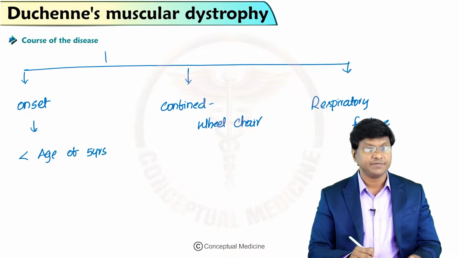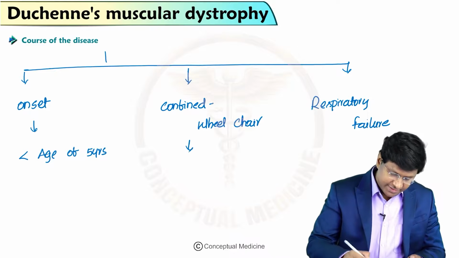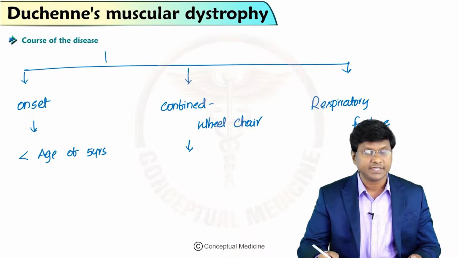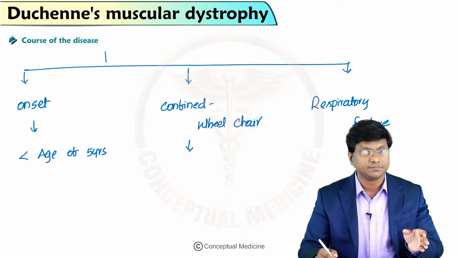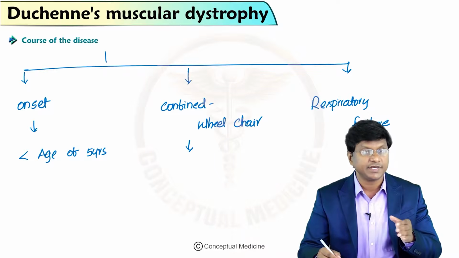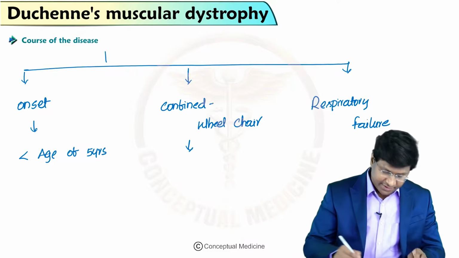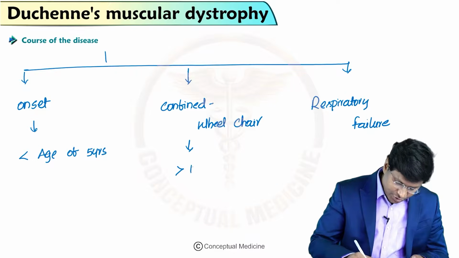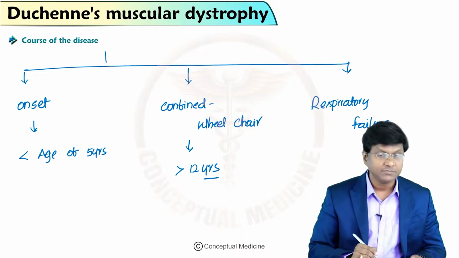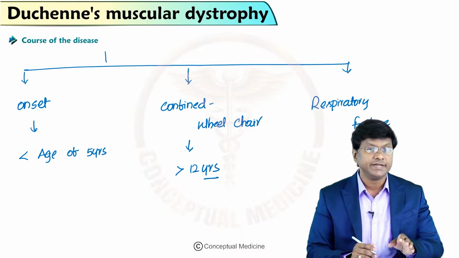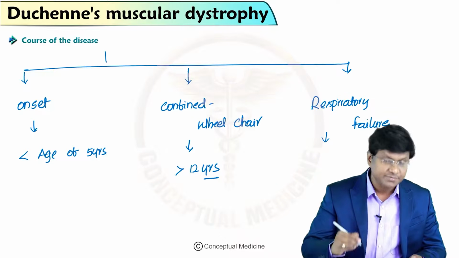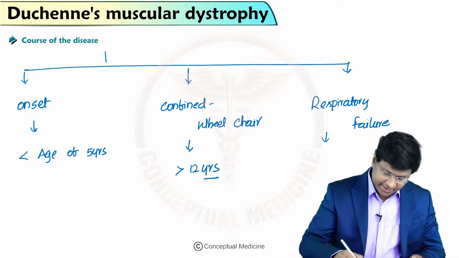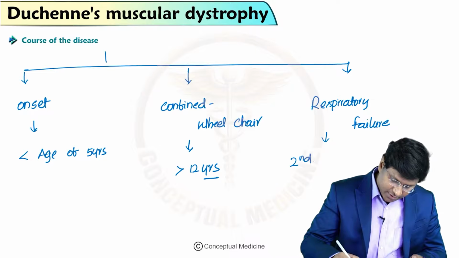The individual is confined to a wheelchair, unable to walk, after the age of 12 years. And the individual develops respiratory failure and dies in the second or third decade.